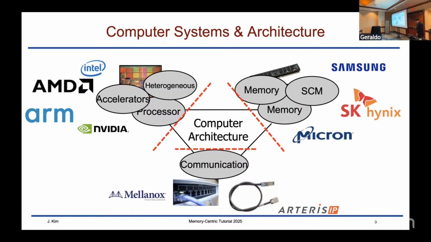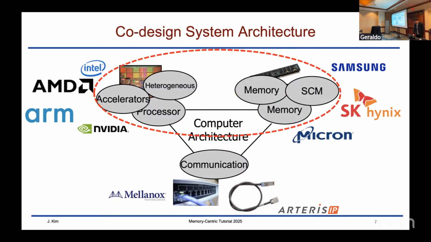But what has happened historically is that these three components often were looked at individually. You have people looking at processing, people looking at memory, and then people looking at the network as well. But what you see, especially with processing and memory, is that people are co-designing these components. If you're moving compute to the memory, you're worrying about not only the compute, but also the memory.